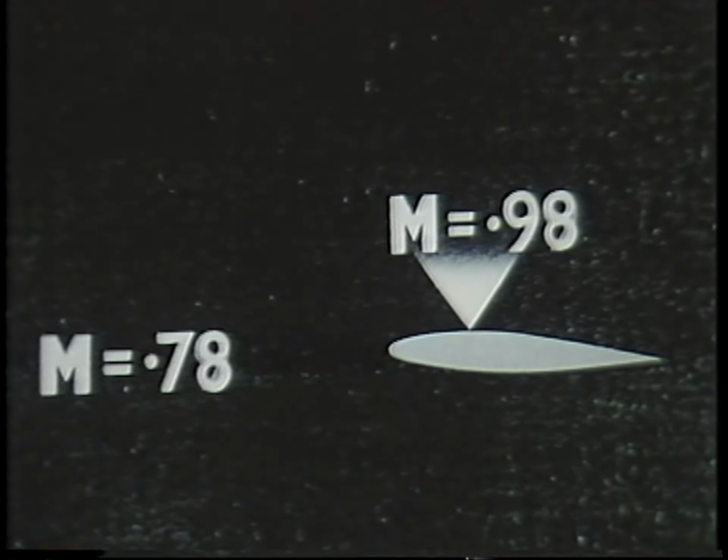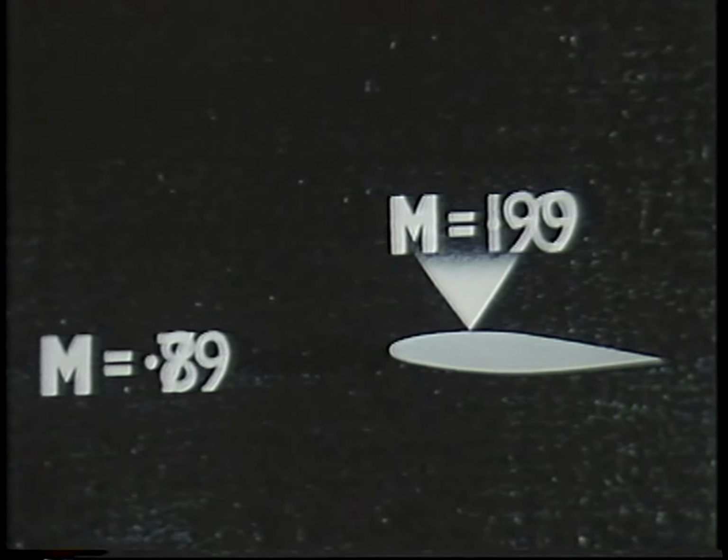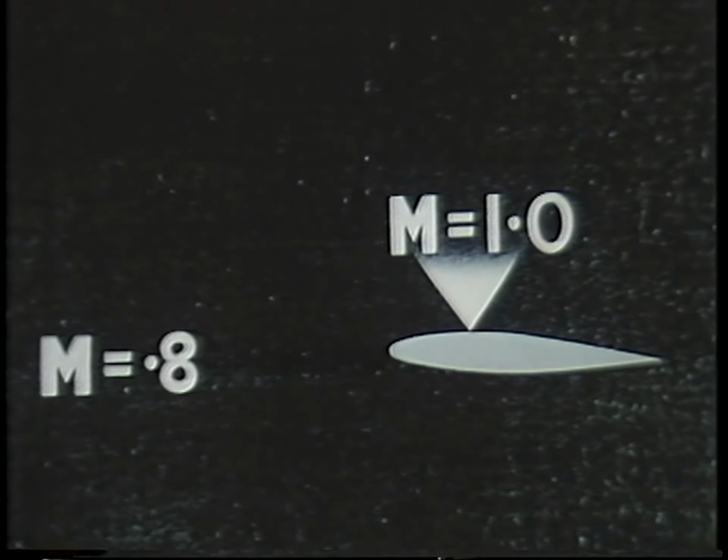Eventually, just at this point on the wing, the air reaches the speed of sound, although the aircraft, as a whole, is still flying slower than sound. The aircraft's Mach number, when this happens, is called its critical Mach number, usually written M-crit.